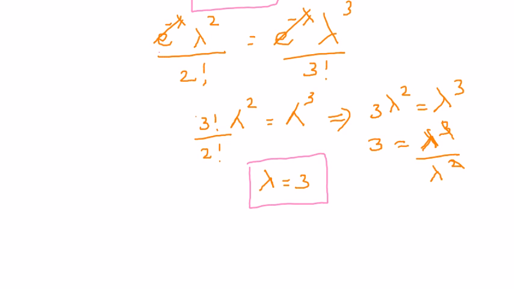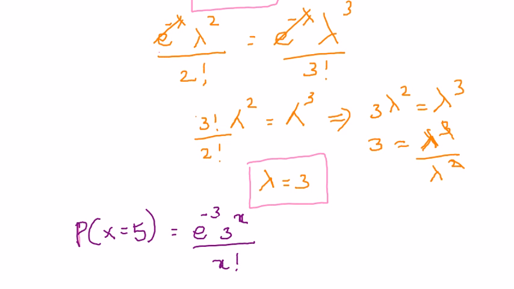You are asked to find P of x equal to 5, right? So what is P of x equal to 5? e power minus lambda, lambda power x. So it is 3 power x, which is by x factorial. Now let's substitute for x. So it is e power minus 3, 3 power x.